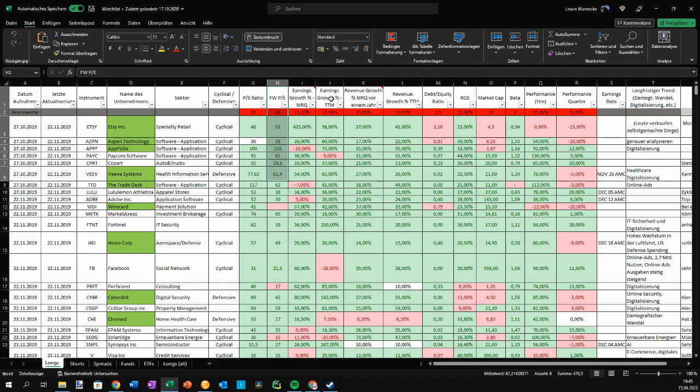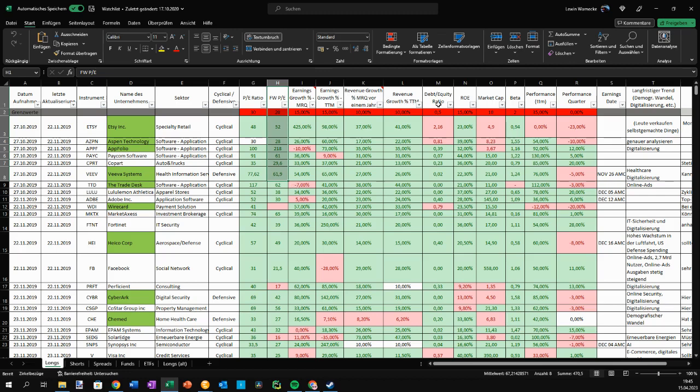And then we have the earnings growth TTM, which means trailing 12 months. And it should also be above 15%. And then you have the revenue growth MRQ. And it should be above 10%. And then the same ratio for the trailing 12 months.